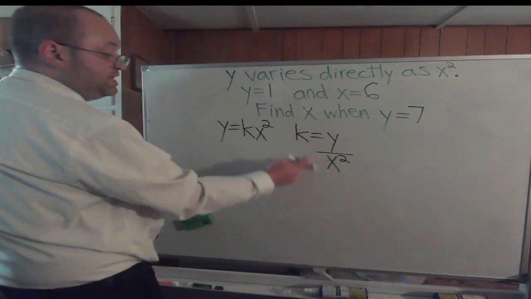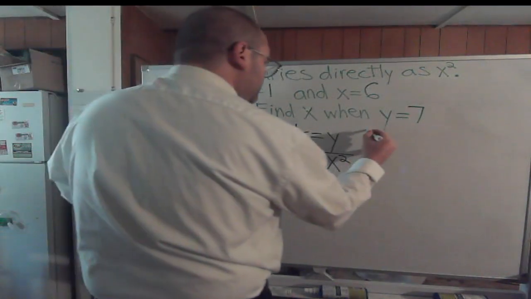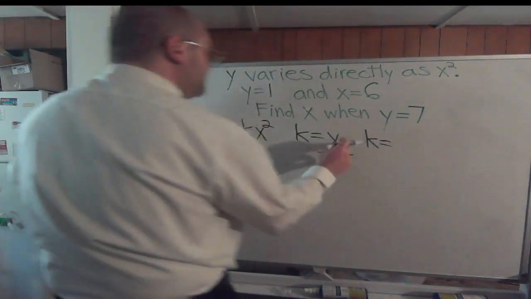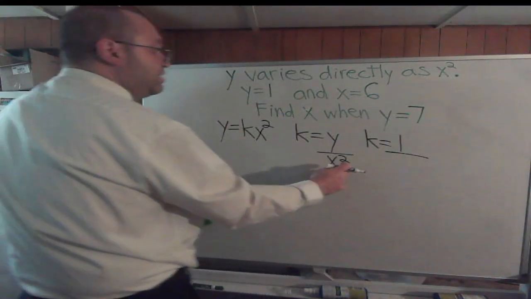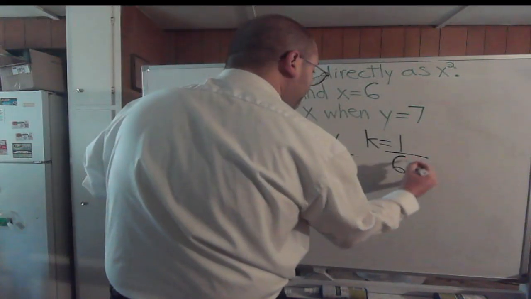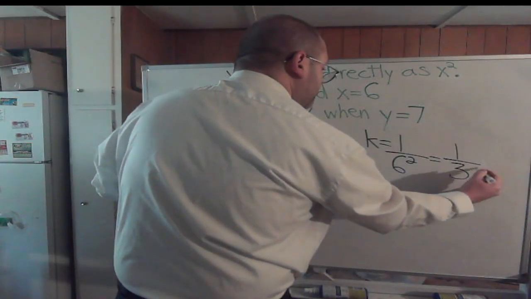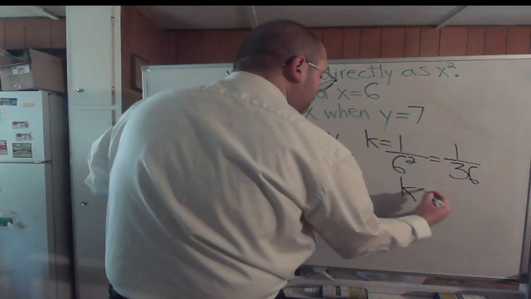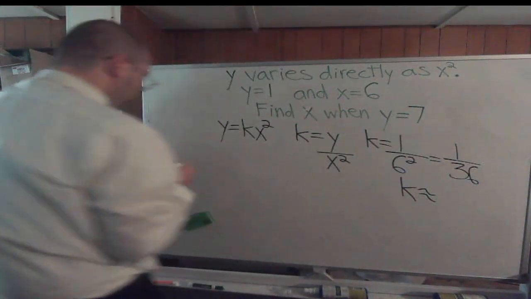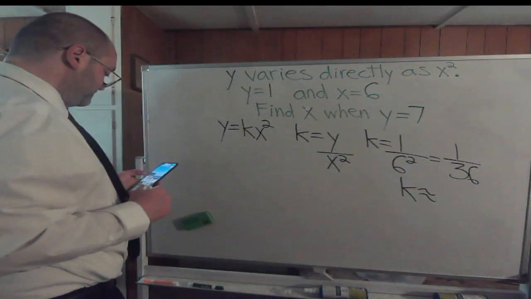Now to solve for the constant of variation, all we have to do is plug the y and x values in. K would equal the y value given was 1, over the x squared, which would be 6 squared, which would equal 1/36. So we're going to round the result.